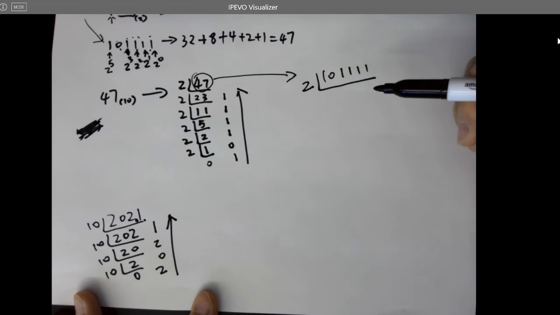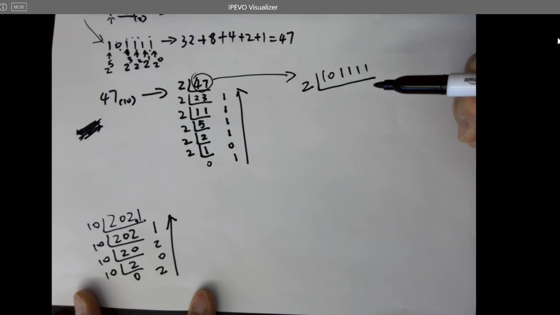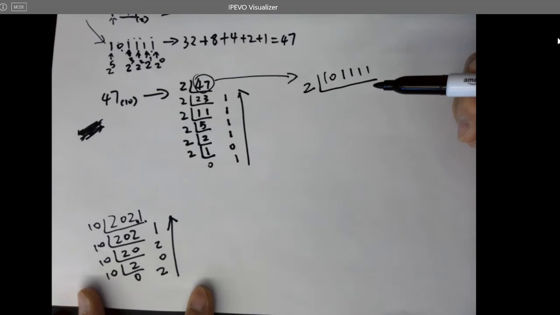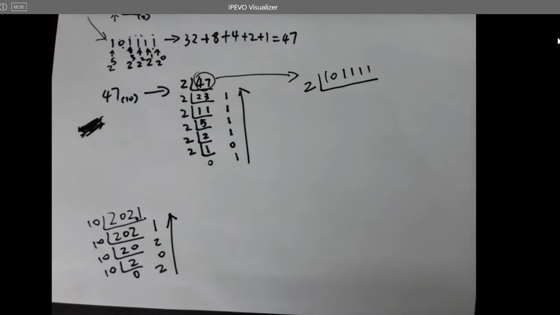Making sense? That's how it works. You divide by 10 for decimals, you move the digit to the left, and you get a remainder, which is exactly that digit. Every number following that procedure gives you every single digit, so you look backwards and you can recover that number.